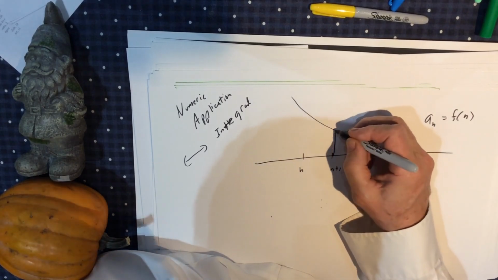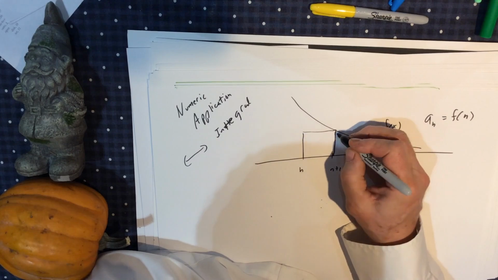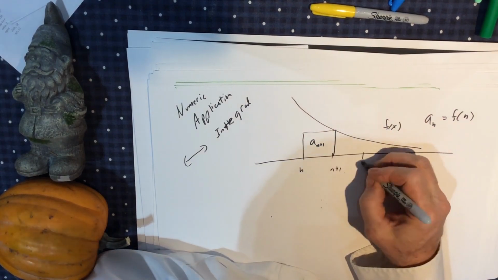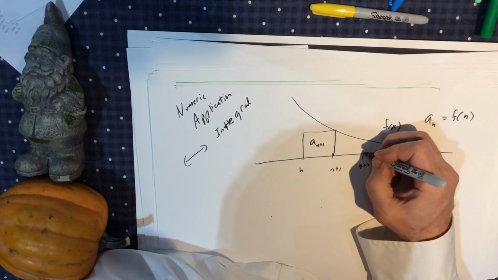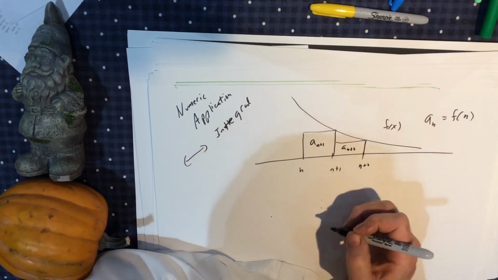And at n plus 1 I'm going to go up, but I'm going to draw my box to the left. And so 1 times f of n plus 1, well, this will be area a sub n plus 1. Then I'll go over to n plus 2 and go up, and then back over 1. This will have area a sub n plus 2.